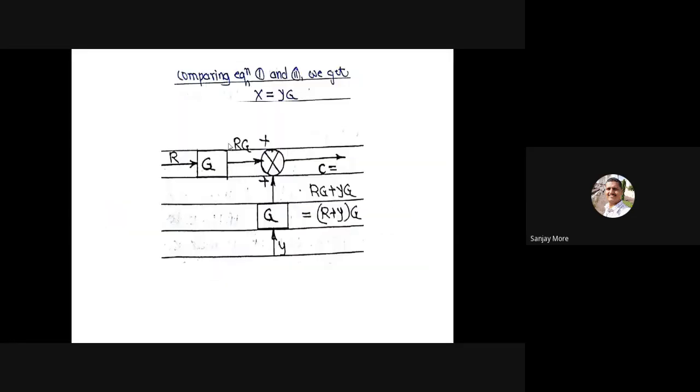Next. Comparing equation 1 and 2, we get X is equal to Y into G or G into Y. Comparing equation 1 and 2, the block diagram is shown here, right?